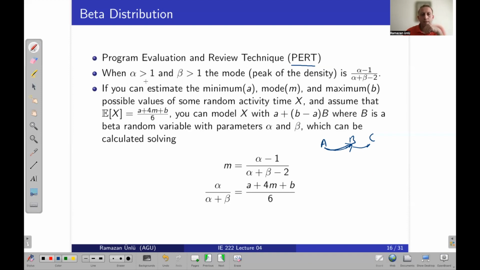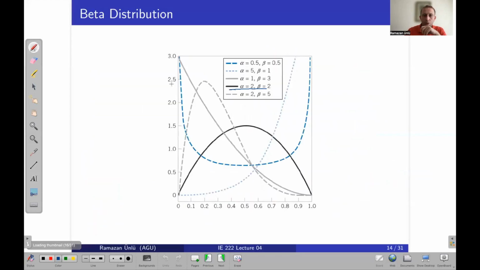When alpha is greater than 1 and beta is greater than 1, we know that the mode, the peak of the density, if that's the graph, the peak point, or called the mode, is alpha minus 1 divided by alpha plus beta minus 2. Okay, so this is correct for all beta distributions in which alpha and beta are greater than 1. Let me show that.